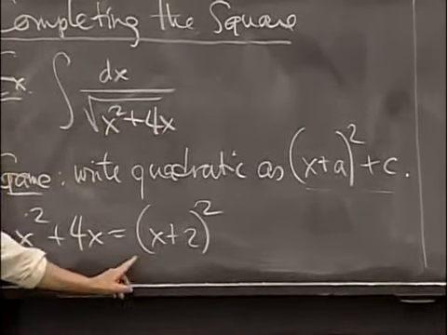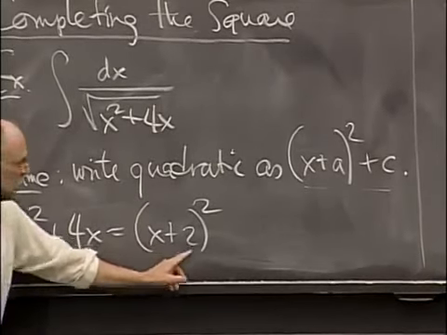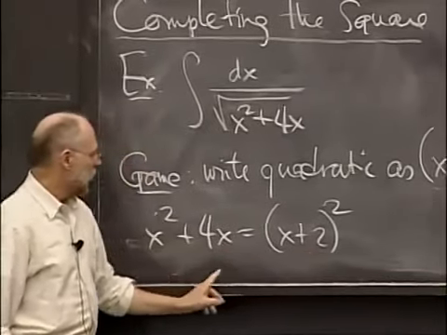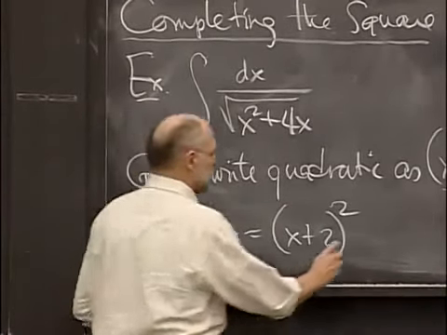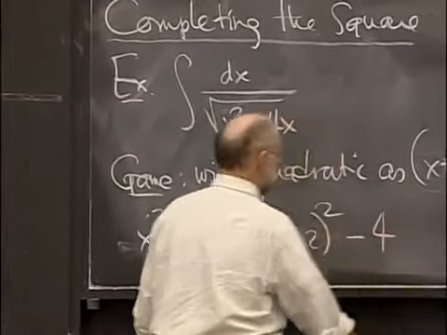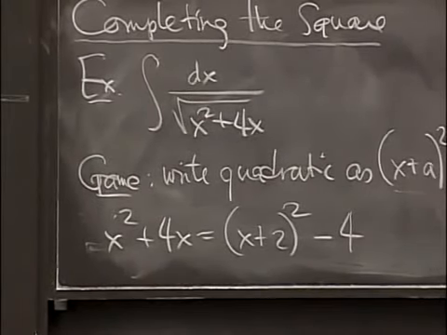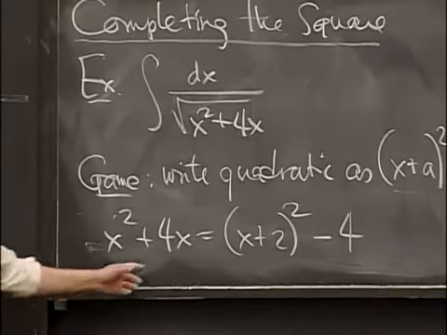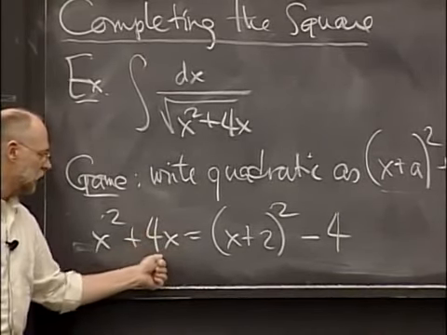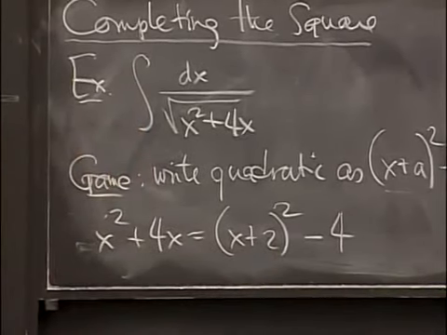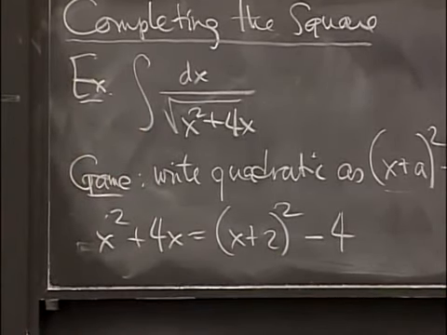This isn't quite right yet, but let's compute what I have here. X squared plus 4x, so far so good, plus 4, and I don't have a plus 4 here, so I have to fix that by subtracting a 4. So that's what I mean. I've completed the square. The word for this process of eliminating the middle term by using the square of an expression like that is called completing the square.